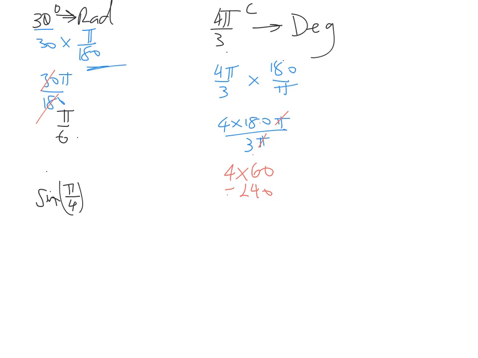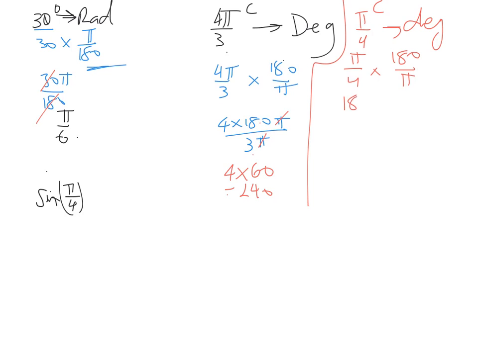Now, for the last thing, we're asked to work out sine of pi on 4. So to do that, we've got to convert this pi on 4 to degrees. So pi on 4, radians to degrees, means it's pi on 4 times 180 over pi.